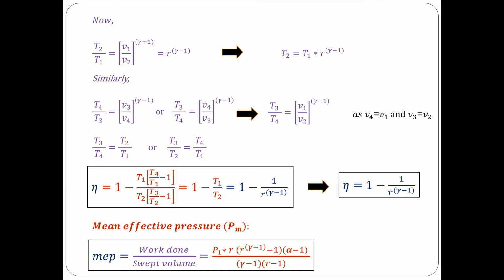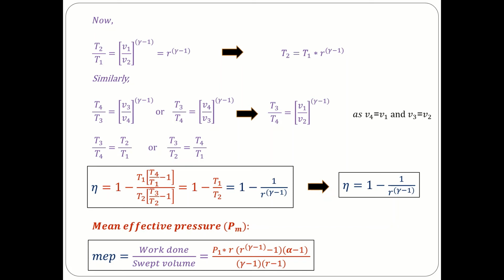So there is continuous variation in the pressure from top dead center to bottom dead center during the movement of the piston. So what we do is we calculate an average pressure, right, and that is mean effective pressure, which can give you the same work output as that of the actual power stroke.